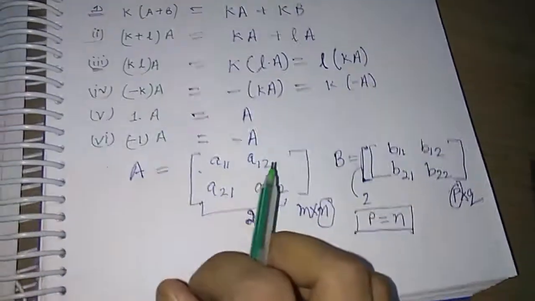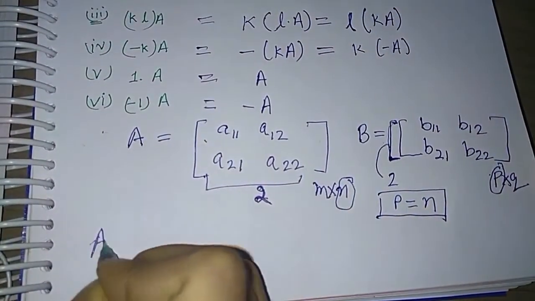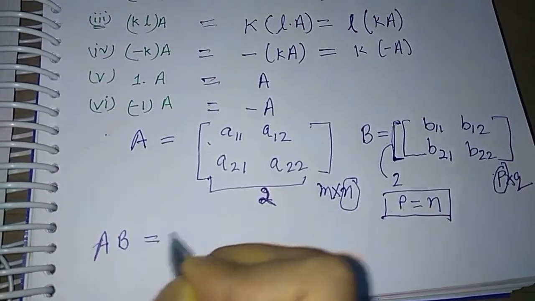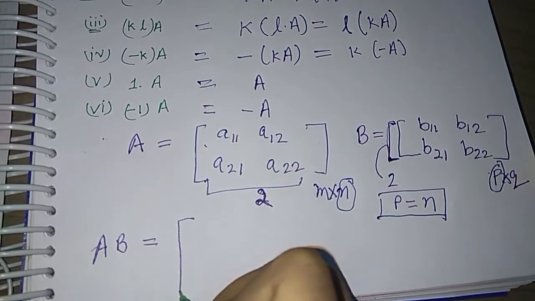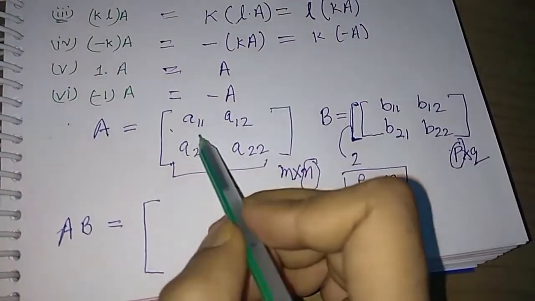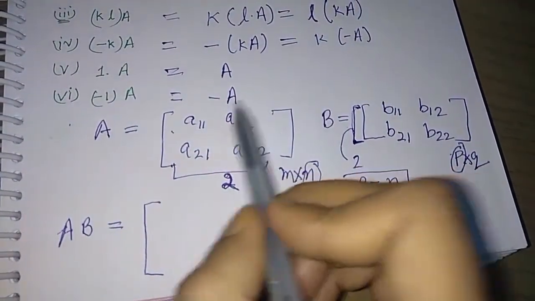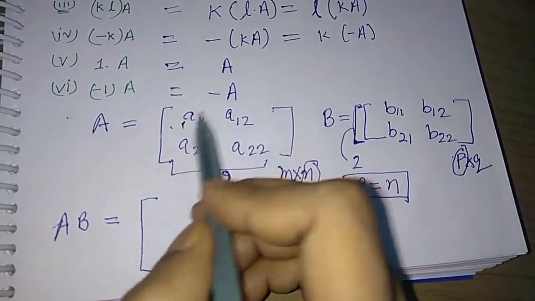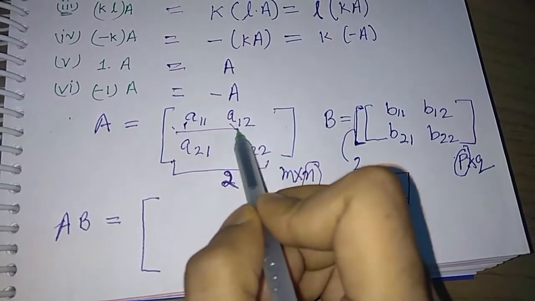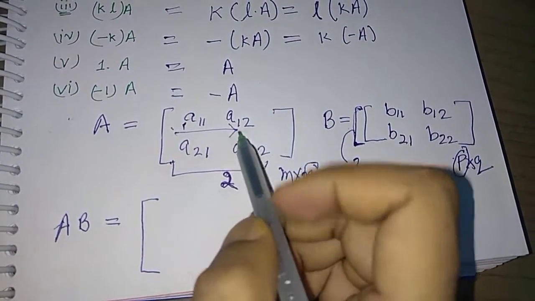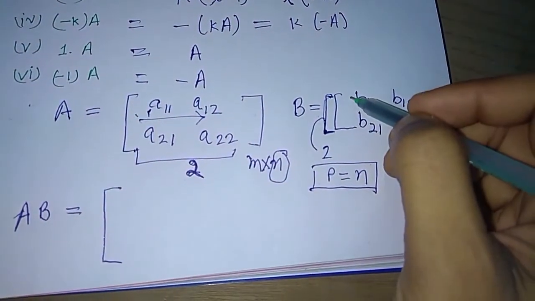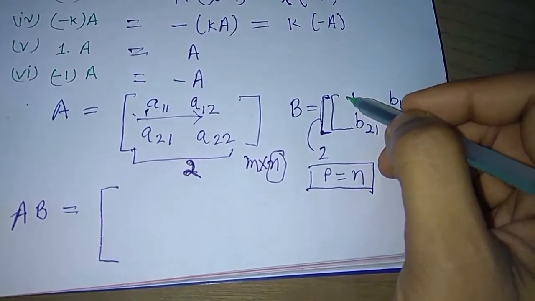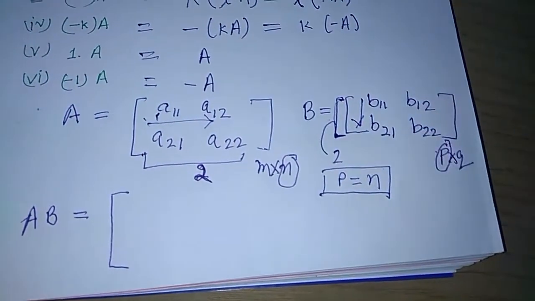So how can we multiply A and B? We can multiply this step by step. For A11, we go by row in the first pre-multiplier matrix, and by column in the post-multiplier matrix.